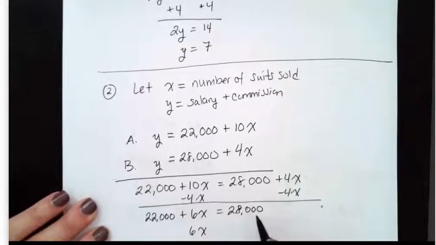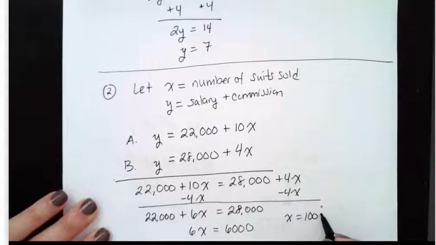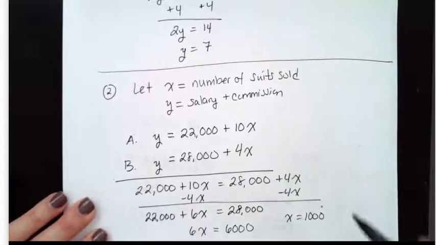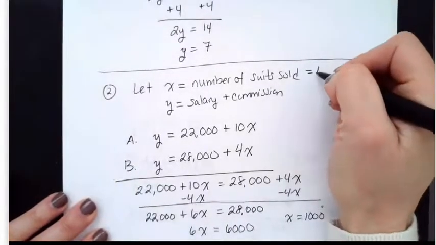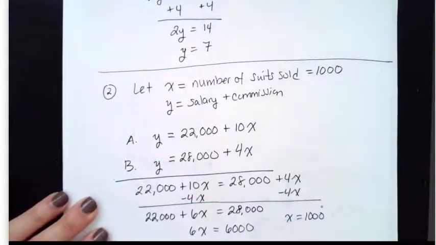So when I subtract 22,000 from each side, I have 6x equals 6,000. 8 minus 2 is 6. And then I'm dividing by 6 on both sides there. So I'll have x is equal to 1,000.